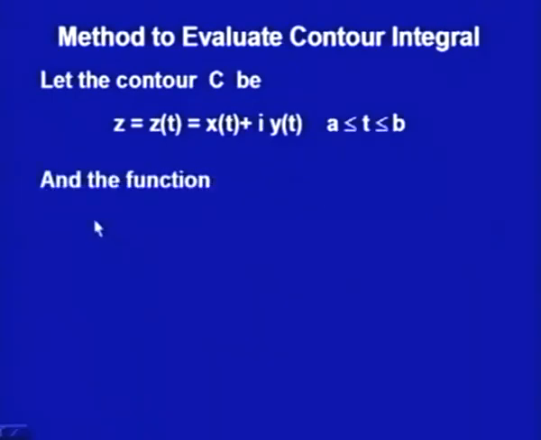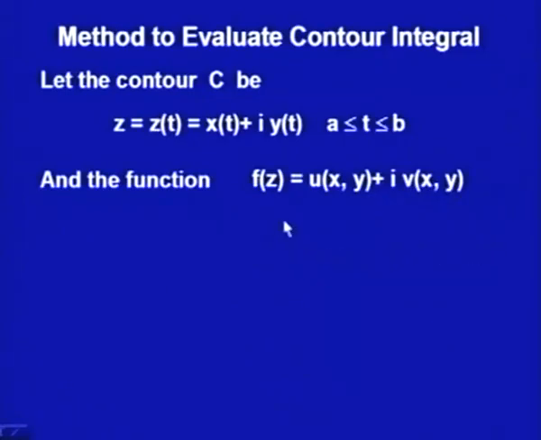And the function f(z) is u plus iv, as we usually define. Now the function of z is itself depending on the two variables x and y, so f depends on z through u and v. I take the two real parts: u depends on x and y, and v depends on x and y.